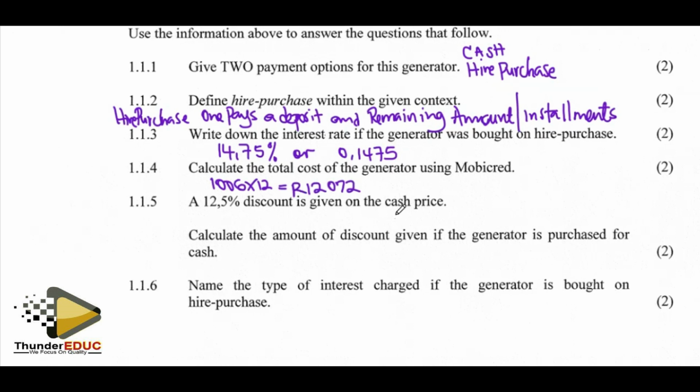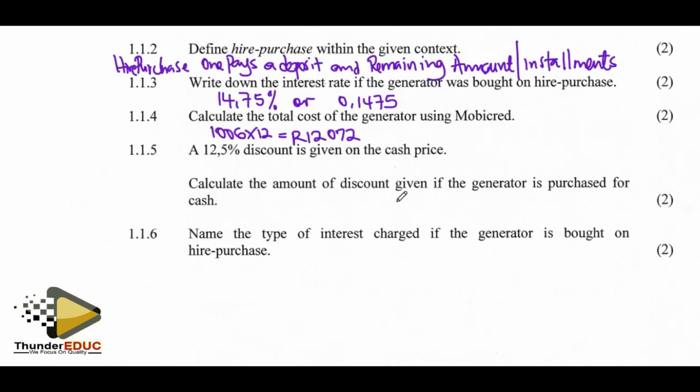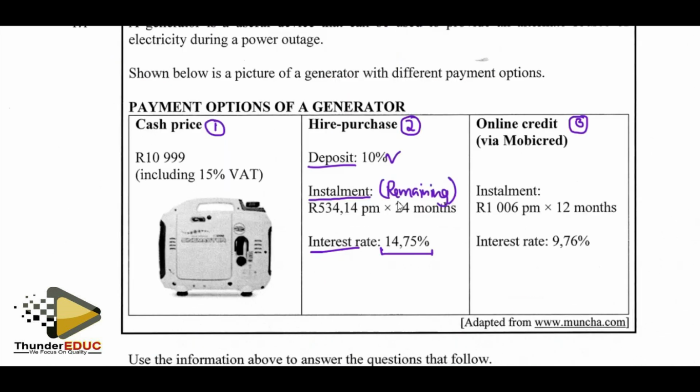All right, here they're telling us a 12.5% discount is given on the cash price. Calculate the amount of discount given if the generator is purchased for cash. We come back here, we look at cash. Cash is 10,999.